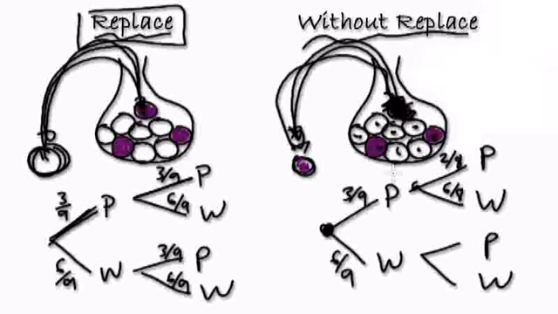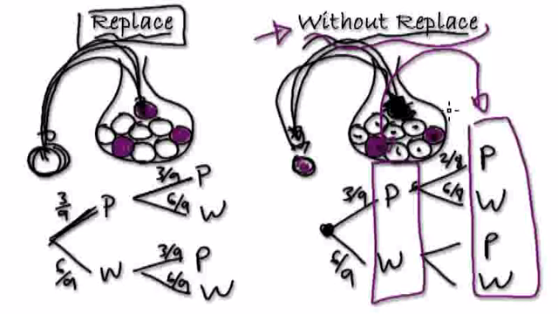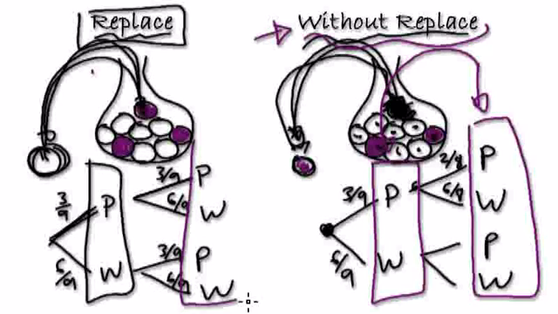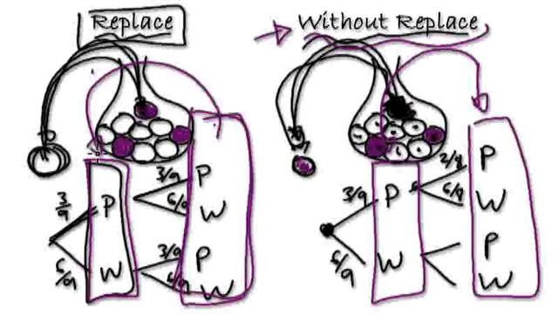So my point is that this is one event. This is another event. Now this event here is dependent on the first one. So in this scenario, the second event is a dependent event. This event here is independent of the first one, because it has nothing to do with the first event.